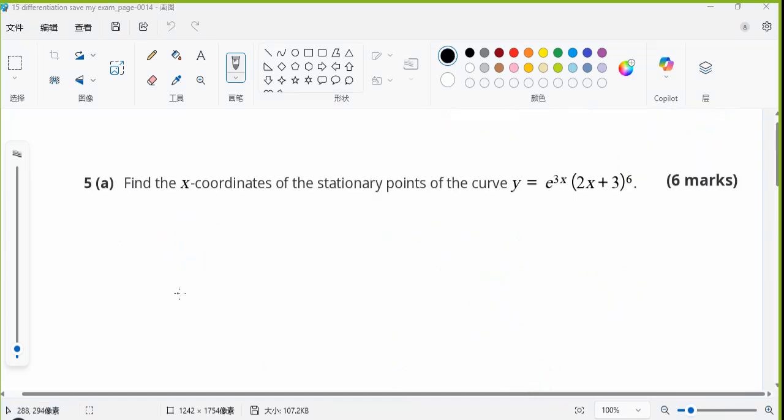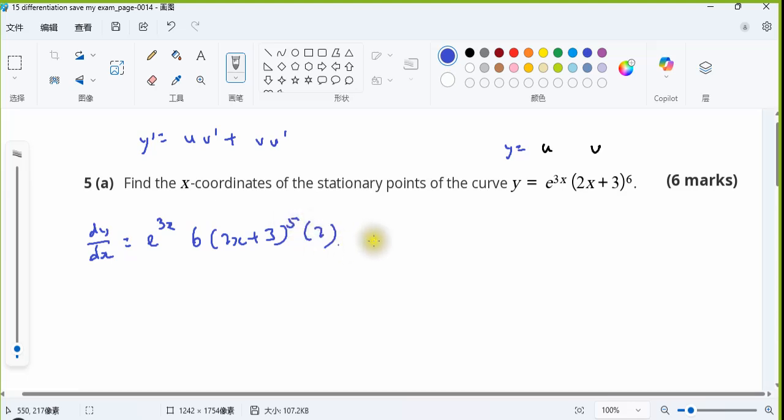Question number 5. Find the x-coordinate of the stationary point of this. So we have the product rule, uv prime plus vu prime. So dy/dx will be e to the 3x times 6 times (2x plus 3) to the power 5 times 2, plus (2x plus 3) to the power 6 times 3e to the 3x.